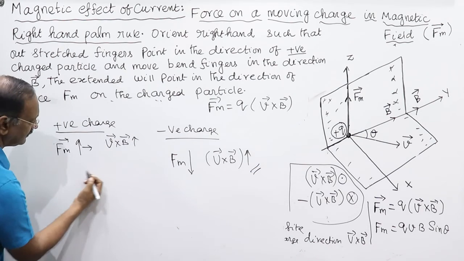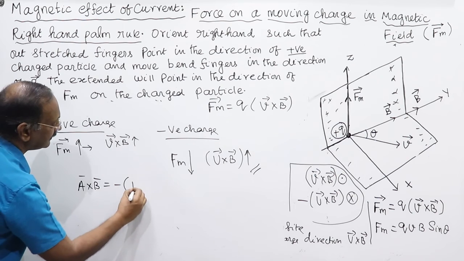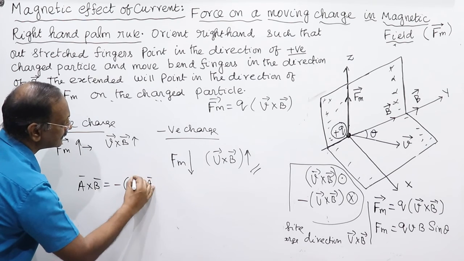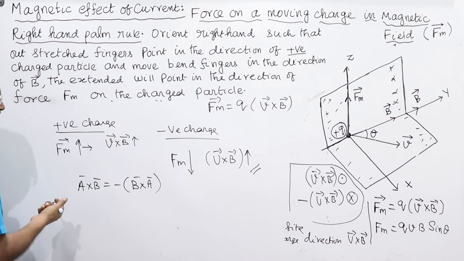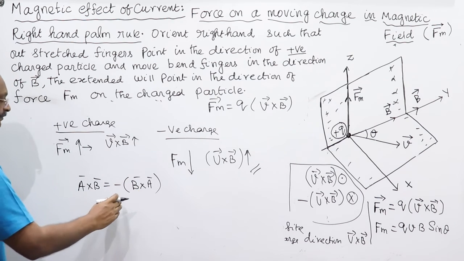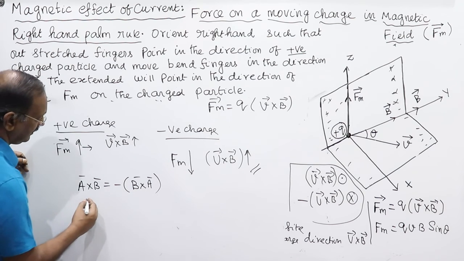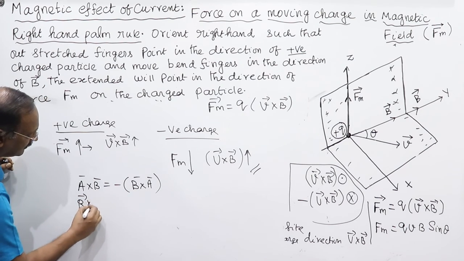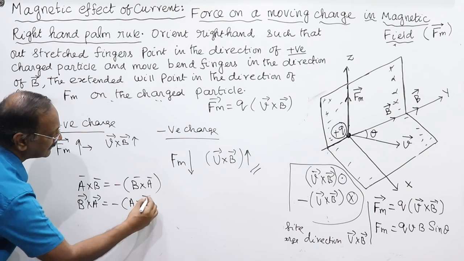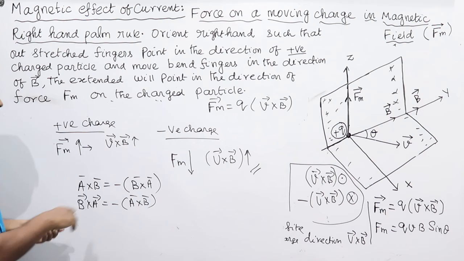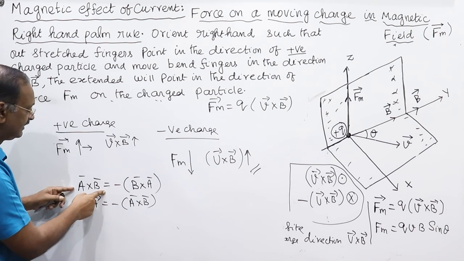We have to remember this: A cross B vector is equal to negative of B cross A. If A cross B is in this direction, then B cross A is the negative of this vector.